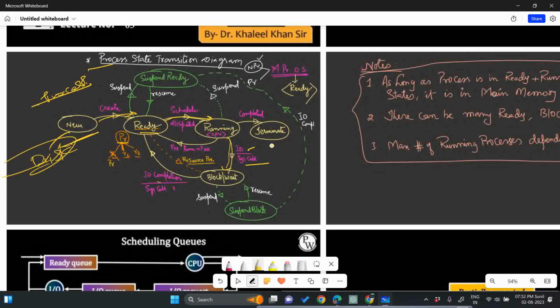After block and wait, it cannot directly go to the running state. It will go to the ready state first. Now after it gets its chance, it will go to the running state.